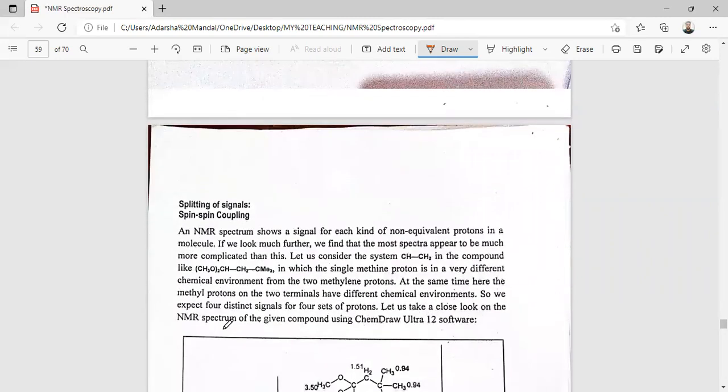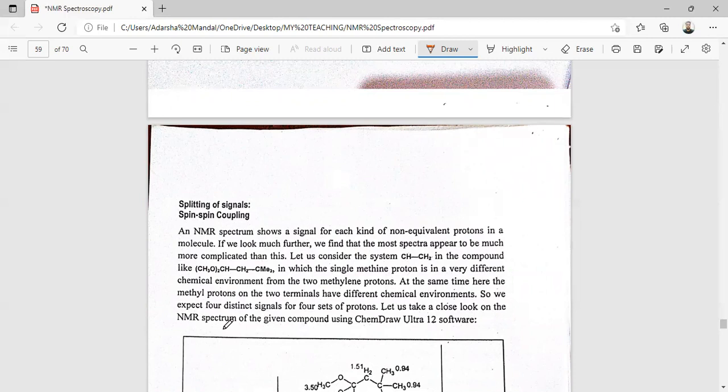So now I will discuss the splitting of the signal, that is spin-spin coupling. An NMR spectrum shows a signal for each kind of non-equivalent proton in a molecule. But if you look much further, we find that the spectra appear to be much more complicated than this.